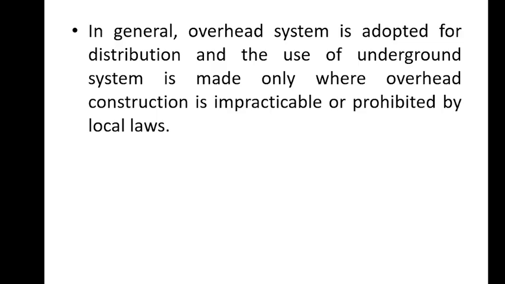Okay, this slide also provides a general conclusion on the choice between the overhead and the underground distribution systems. In most cases, overhead systems are widely adopted because they are more economical, flexible, and easier to install and maintain. However, underground systems are used in specific situations where overhead construction is not feasible or is restricted by local regulations.